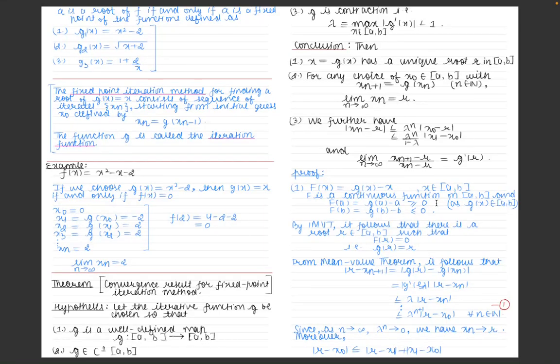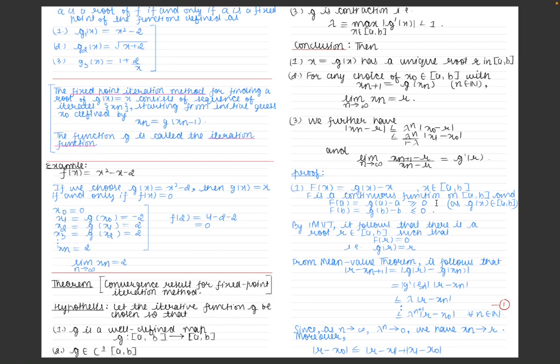If you consider the proof of 1, consider this function f of x as g of x minus b, and x belongs to [a, b].